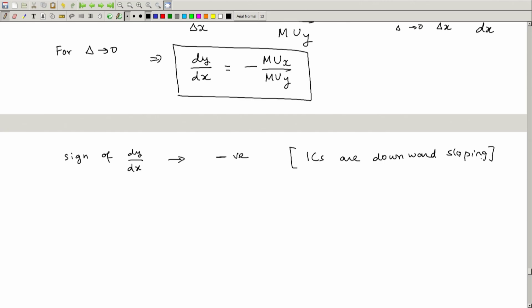So, I am going to get the slope as minus whatever number you get, that is going to be a negative term. The second is the magnitude of the slope, the magnitude of dy dx, which is going to be given by this expression MUx by MUy.